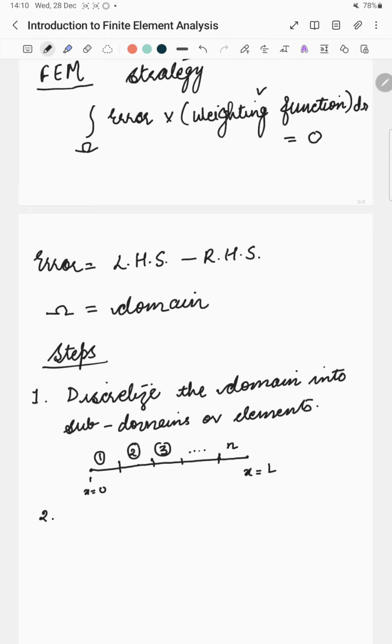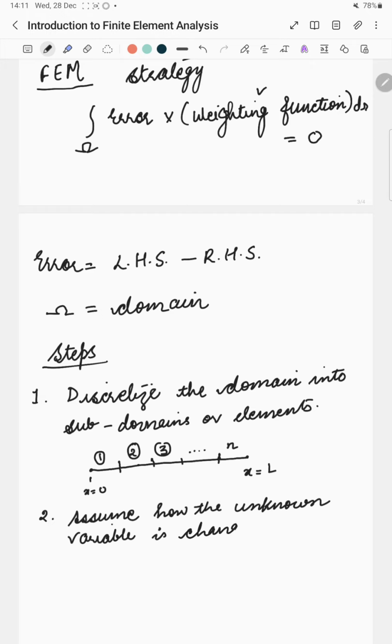The second step is to assume how the unknown variable is changing over the element.